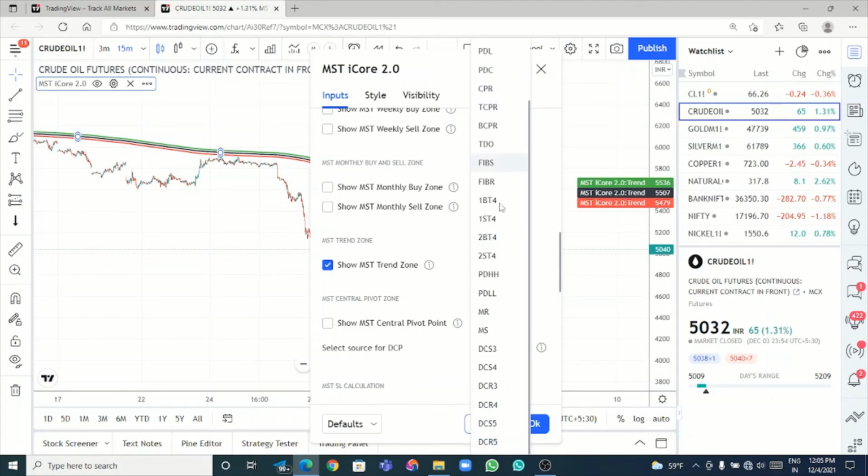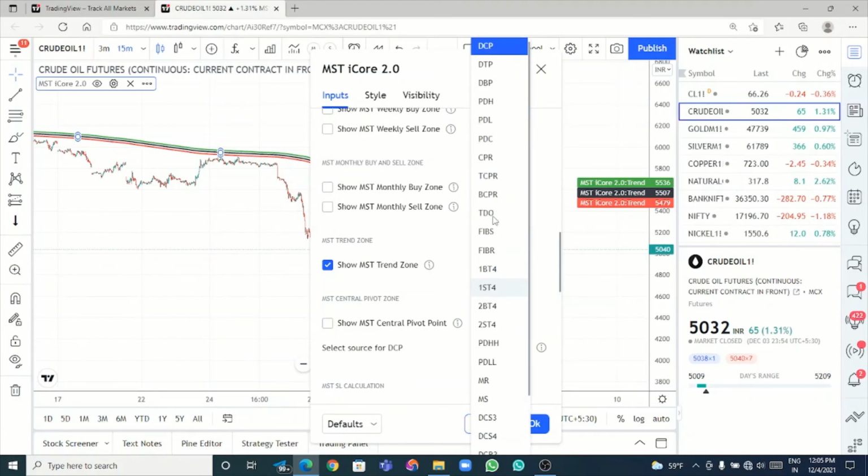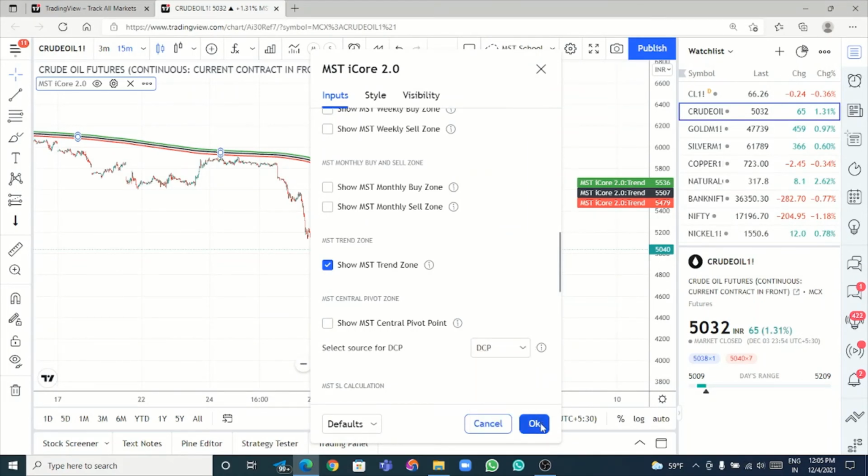All this, due to space constraint, we have given as an option, whichever you want, you can enable and see. So all these facilities are available for you.